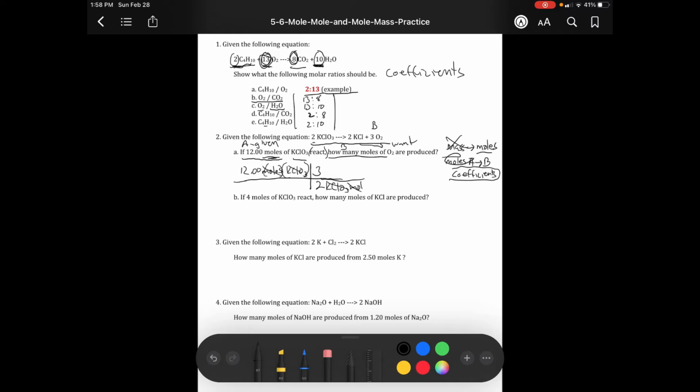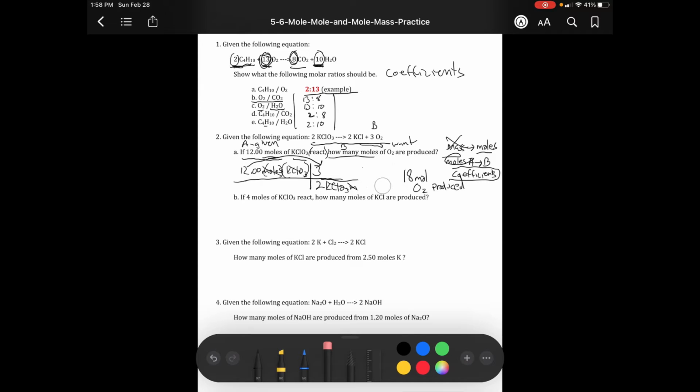And so now what you do is 12, 24, 36, you multiply across the top. That's going to be 36, and you're going to divide that by 2. So that's going to go 1, and I'm doing this without a calculator right now. So 16, so it's going to be 18 moles O2 produced.